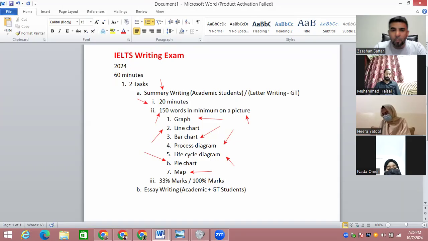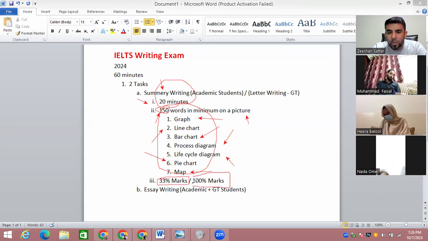So what is summary writing? Summary writing is a write-up of 20 minutes, 150 words on a picture which can be any of these, and 33% of the marks in the exam will be contributed by this question out of 100% total marks.